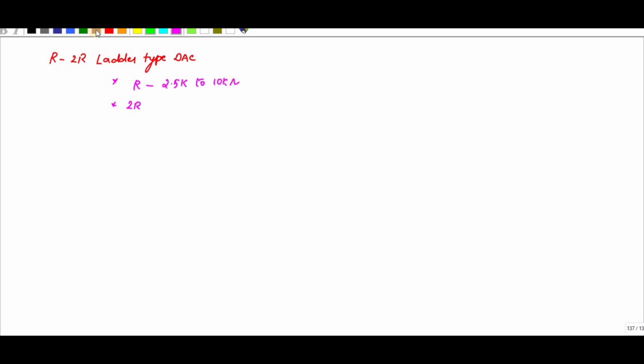So let us discuss the circuit diagram of this R-2R. Here also the input is given to the inverting terminal only, and the non-inverting terminal is grounded.